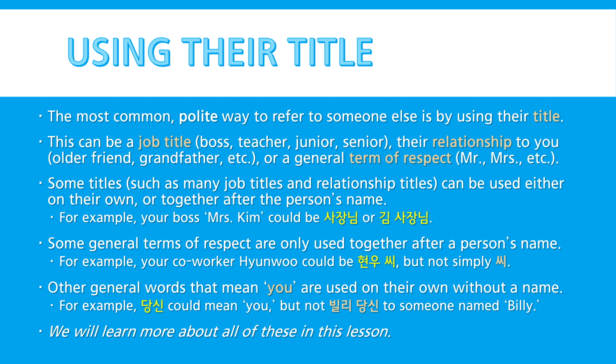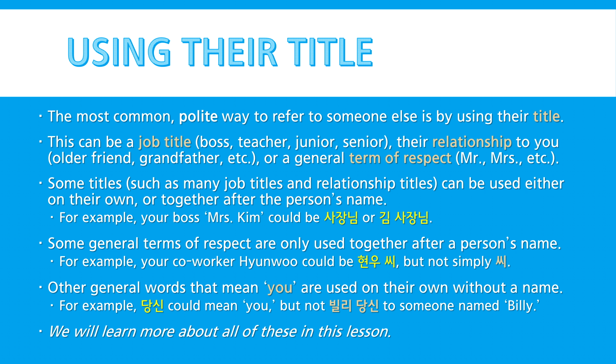Now, some titles, such as many job titles or relationship titles, can be used either on their own or together after a person's name. For example, your boss, Miss Kim, could be 사장님 or Kim 사장님. Some general terms of respect are only used together after a person's name.